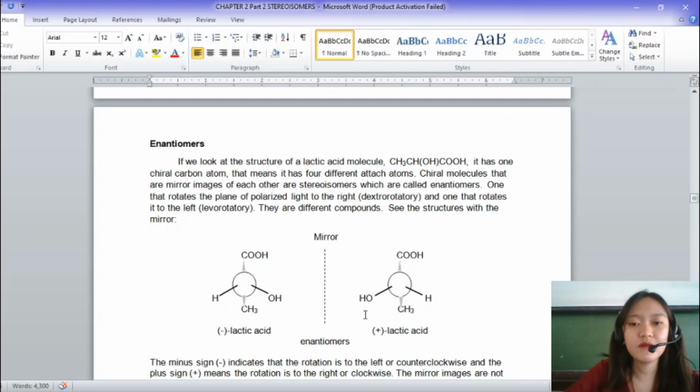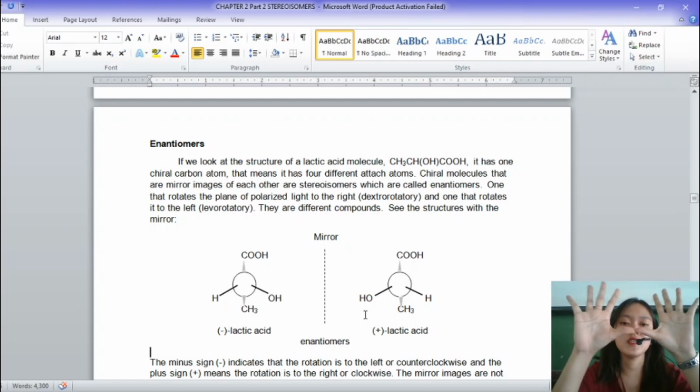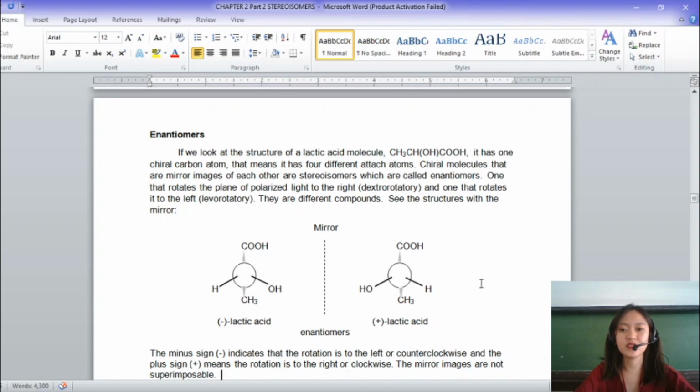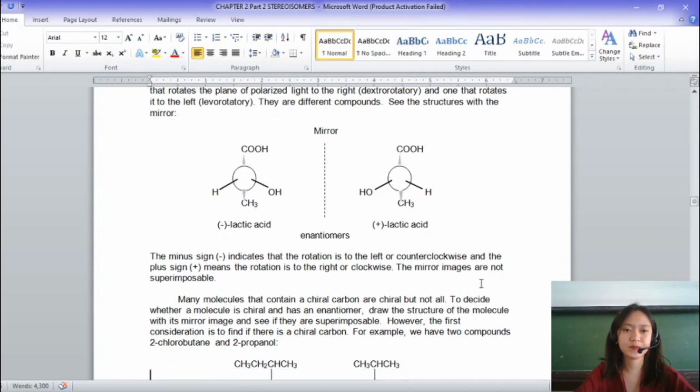When you say mirror images, one example natin dyan is yung ating hands. Okay, so hands, mirror images. Kuha? Di ba, your OH is located in here, sa kabila, mirror image niya. So, dito nasa right ang OH, dito nasa left ang OH. Ang H is nasa left; hydrogen on the other side is on the right. So, mirror image siya. Meaning two stereoisomers that are mirror images of each other are called enantiomers.